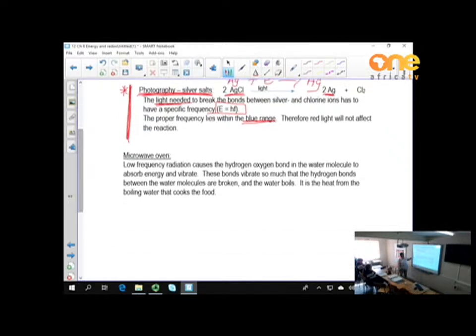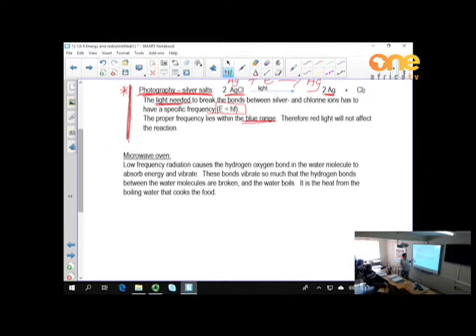So, in a microwave oven, how does it work? Low frequency radiation, remember the electromagnetic spectrum? It starts with radio waves, TV waves, microwaves. Then infrared. What are infrared waves? Heat. Normally, your body gives off infrared. So the microwaves are even lower energy than the infrared given off by your body.